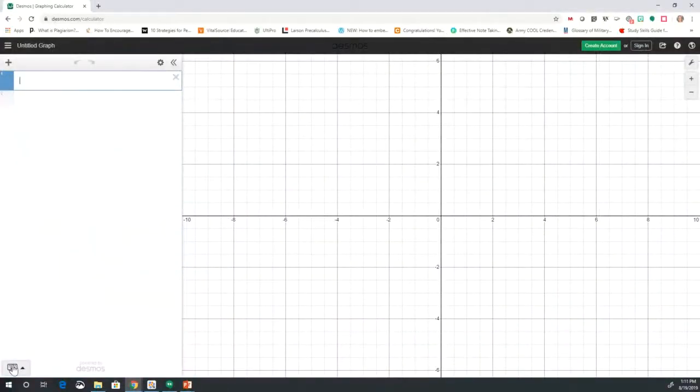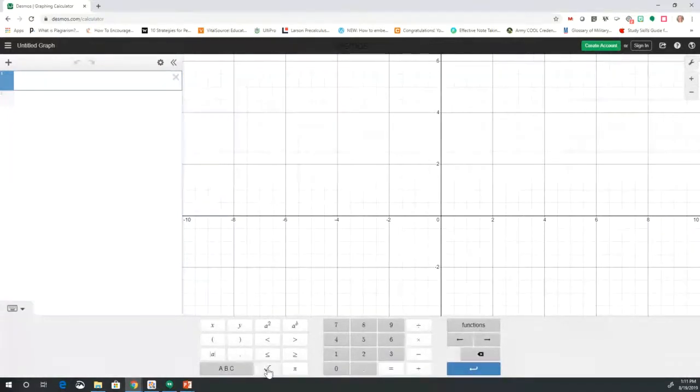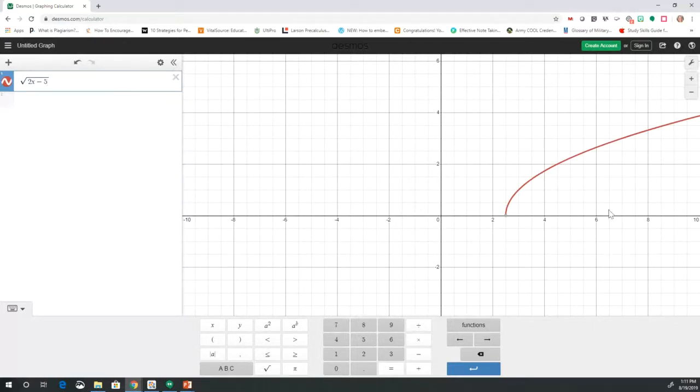And I'm going to put in the square root of 2x minus 5. So x is our horizontal. Now this graphing part is technically something in p.6, but it's assumed you've had some experience with graphing before. So 5 halves is 2.5.